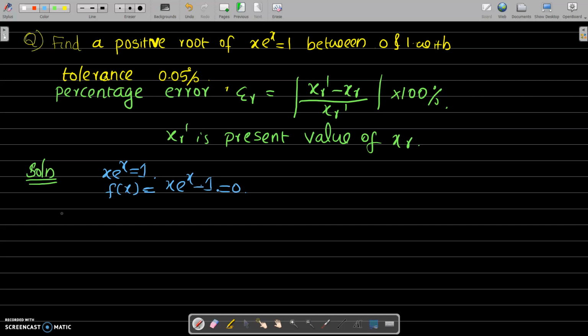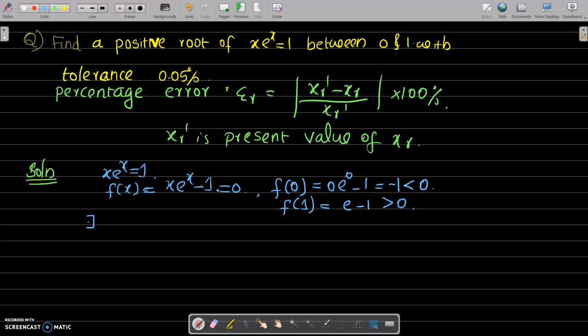Firstly, we have to check between 0 and 1. f of 0 is 0 e raised to 0 minus 1, which is minus 1, less than 0. And f of 1 is e minus 1, which is always greater than 0.